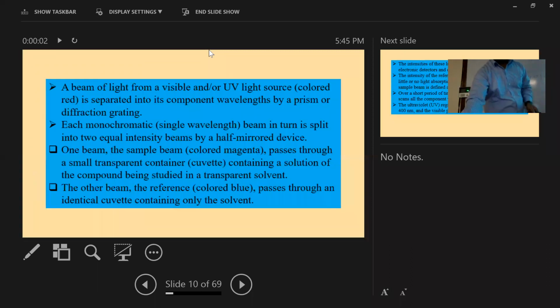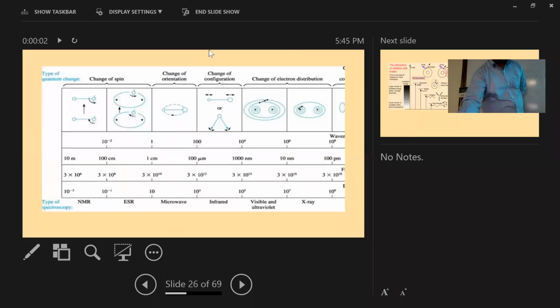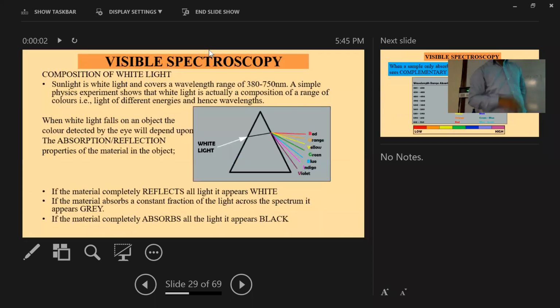I can show you one figure from here. This is a white light, so that means visible light, whatever I consider. This is white light and this is a prism. Have you ever seen the prism?